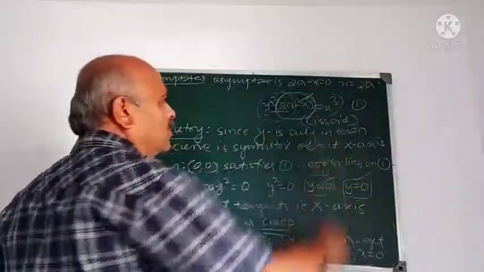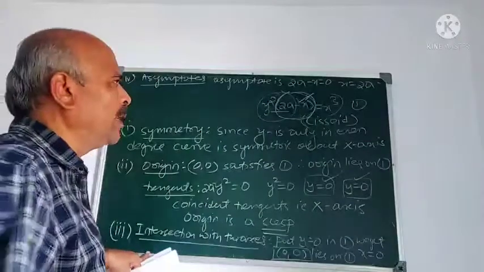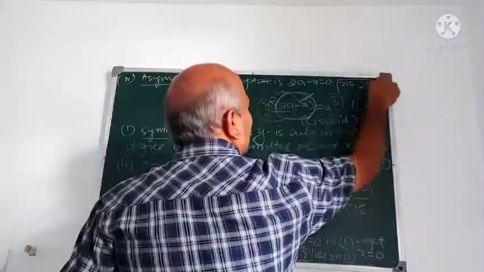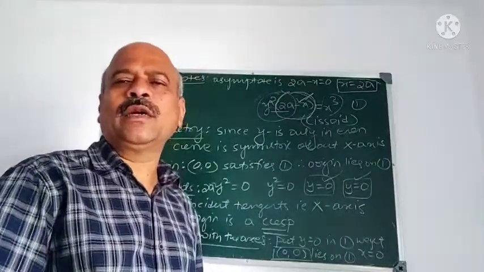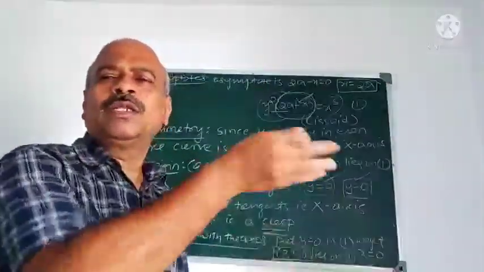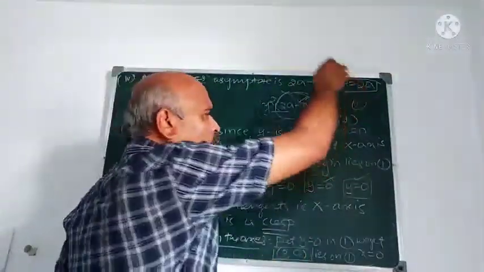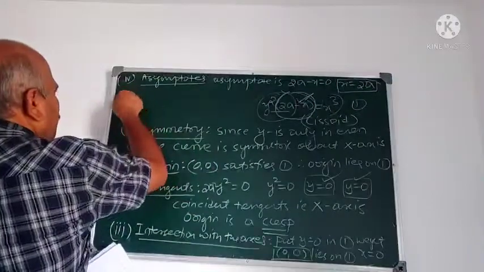Equate this to 0, you will get the asymptote parallel to the y axis. What is the asymptote parallel to the y axis? x is equal to 2a. Asymptotes play an important role while tracing the curve, because an asymptote is a boundary. The curve doesn't cross that line. x is equal to 2a is the boundary. The curve doesn't cross that one.